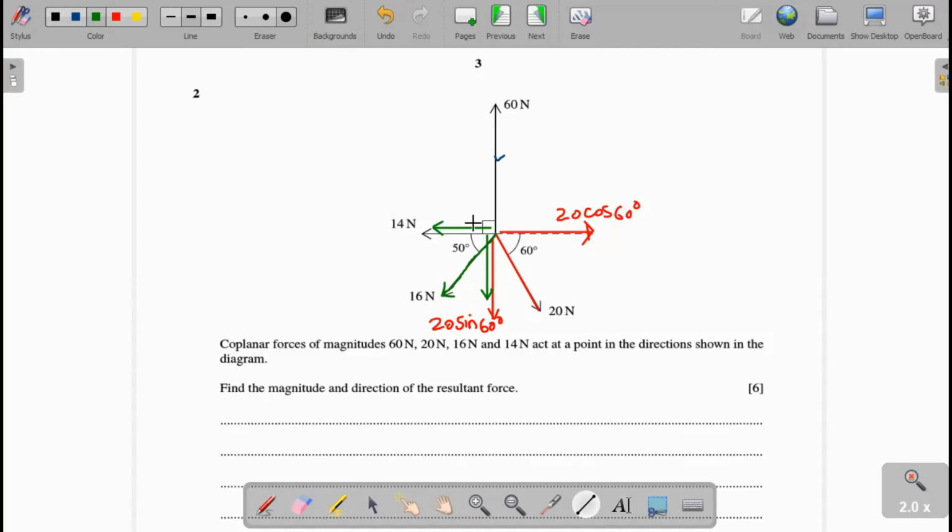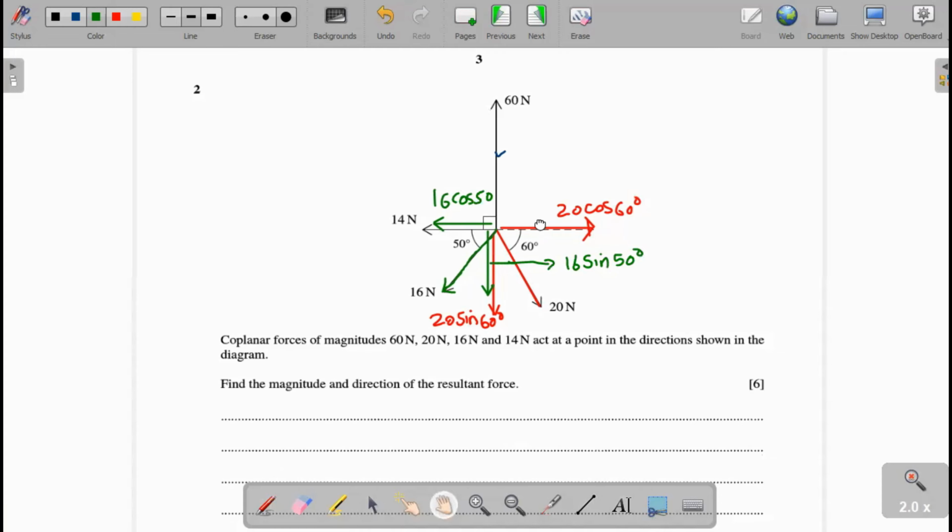Now this horizontal component value will be equal to 16 into cos 50 degree, and the vertical component value will be equal to 16 sine 50 degree.